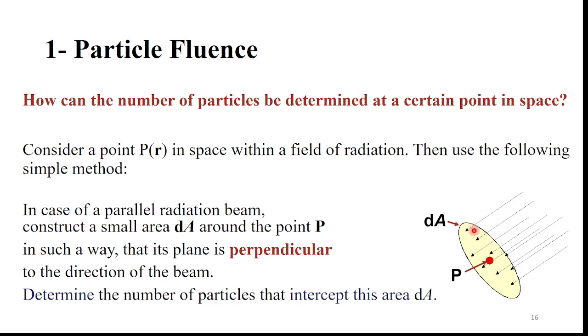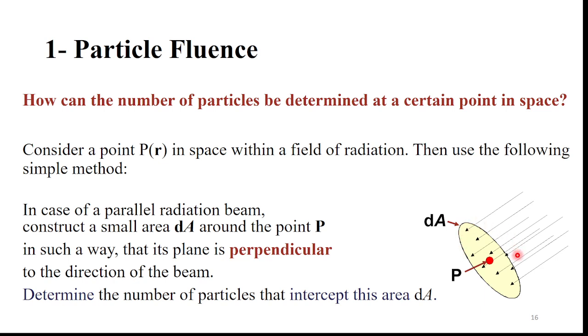Look here at the beams. The beams are perpendicular to this surface area. This perpendicular orientation ensures that we are only counting the particles that pass directly through this area, and this will simplify the calculation.